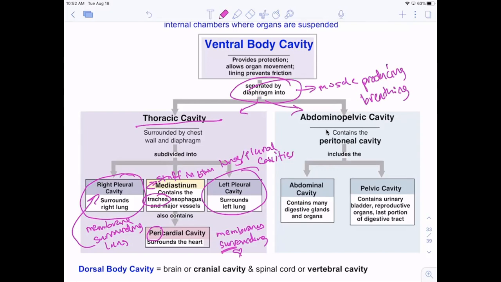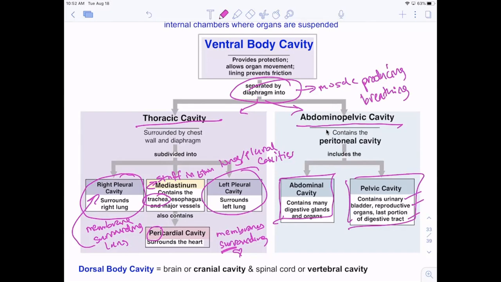Once you're below the diaphragm, it's called the abdominopelvic cavity, but it consists really of two cavities. One is the abdominal cavity and one is the pelvic cavity. So pelvic cavity has the urinary bladder, reproductive organs, and the last part of your digestive tract, and everything else in your abdominal cavity. Everything else is in the abdominal cavity.